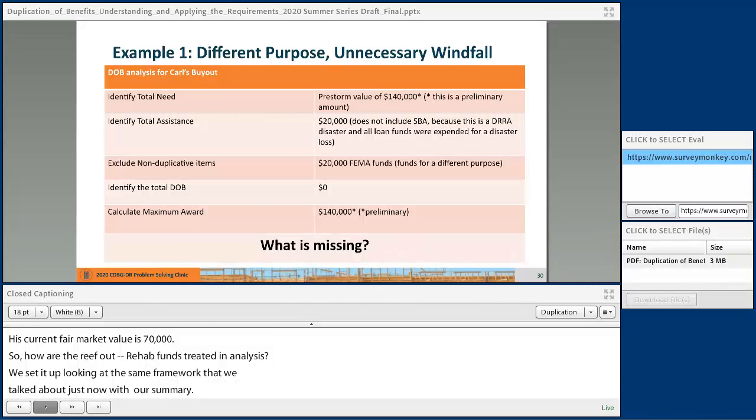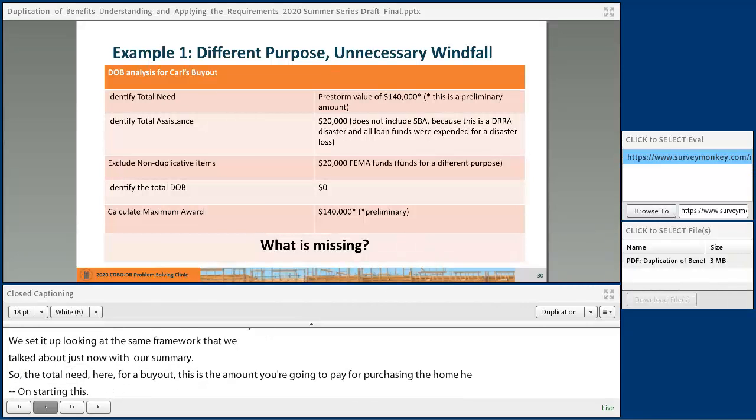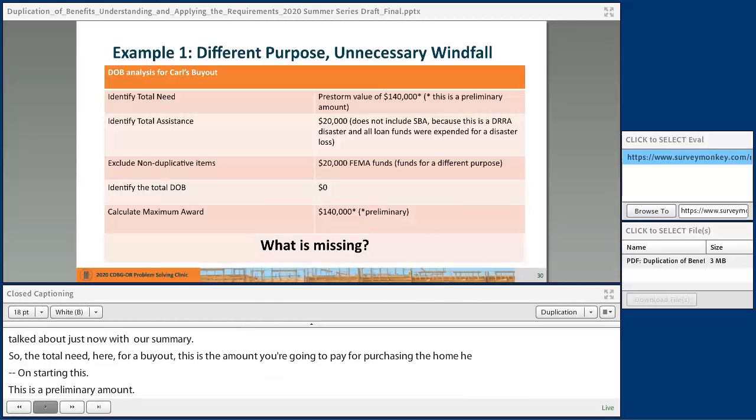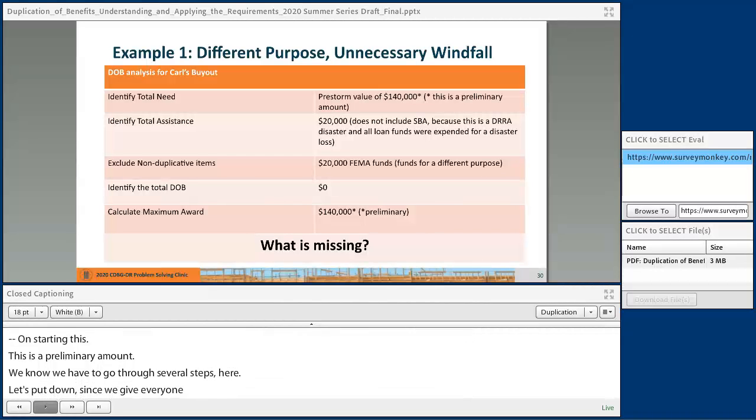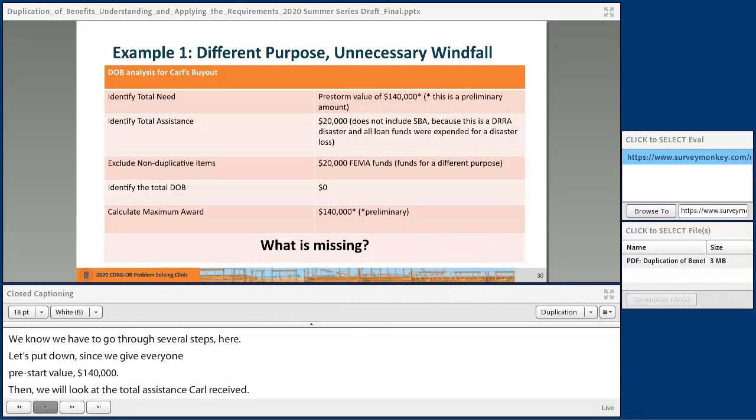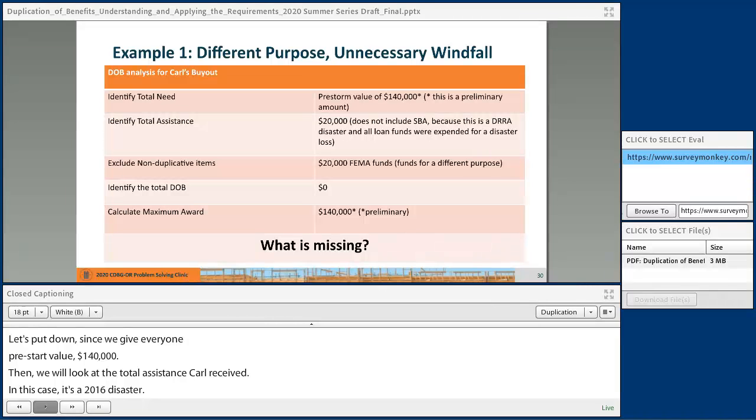So let's just put down, since we give everybody pre-storm value, $140,000. Then we're going to look at the total assistance Carl received. So in this case, it's a 2016 disaster, and we're assuming for purposes of this example that this grantee, Cautious County, has modified its DOB procedures to follow the DRRA flexibilities.